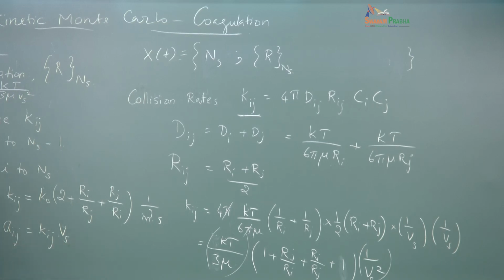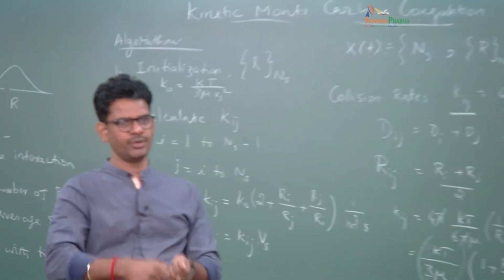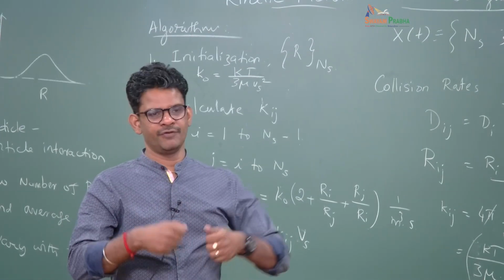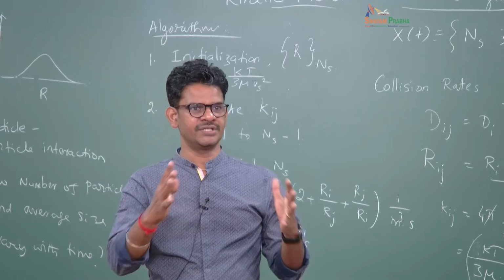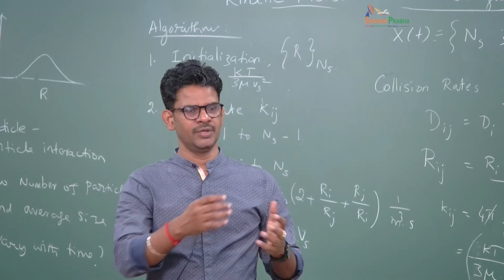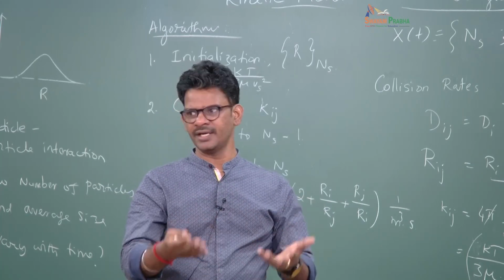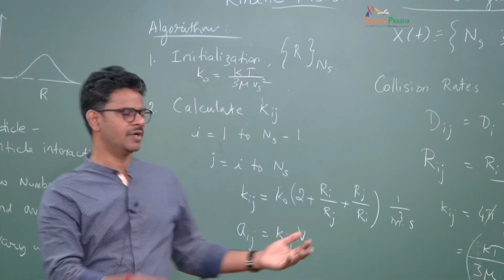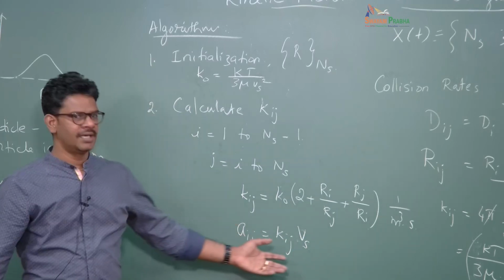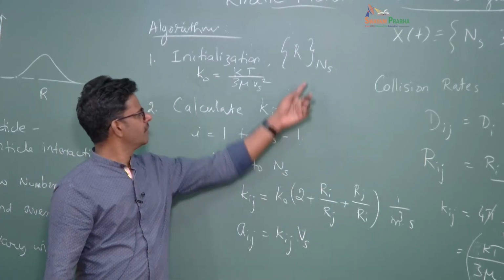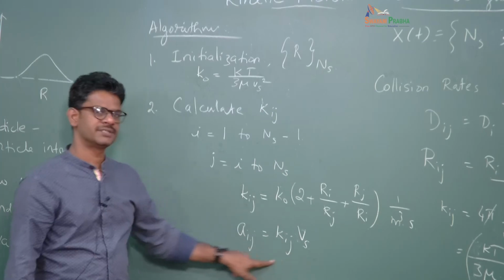This is like in a chemical reaction, where the rate is defined as the number of molecules reacting per unit volume per unit time. But if you are interested in how much reaction is happening in a given volume, you would write the rate times V, which would be the number of molecules reacting per unit time. Like that, here we are talking about the number of collisions happening per unit time for a given volume Vs. So that would be this.